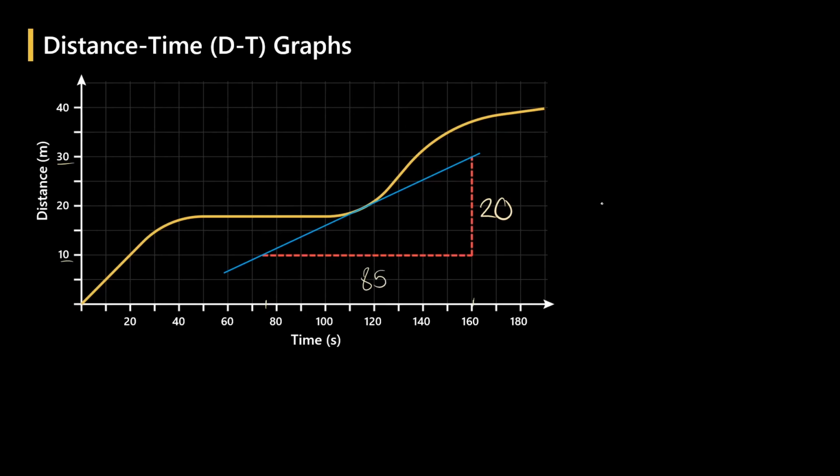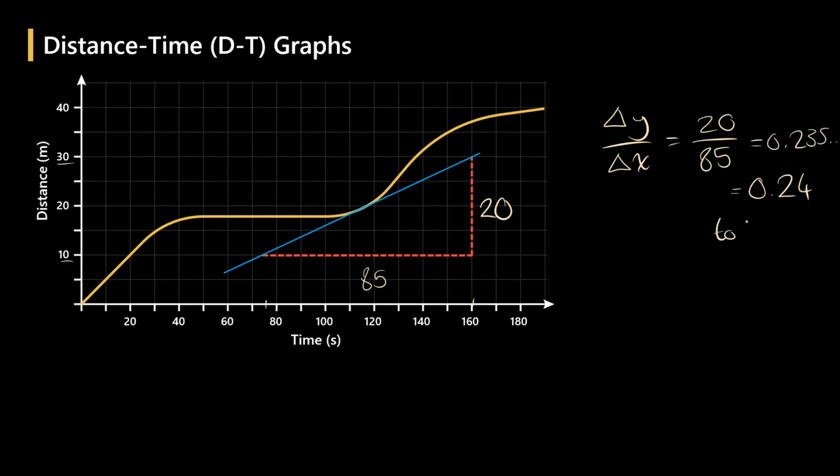From this, we get a gradient of 20 over 85, and that's equal to 0.235, which rounds to 0.24 to two significant figures. And that's our speed. So the speed is 0.24 meters per second.